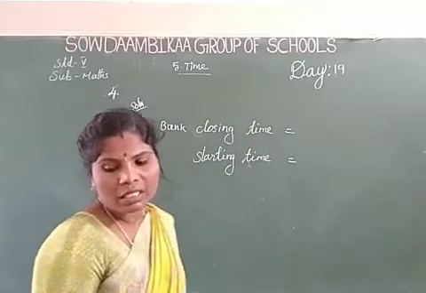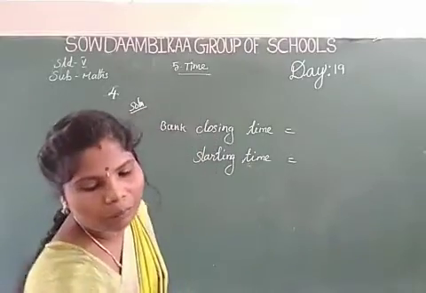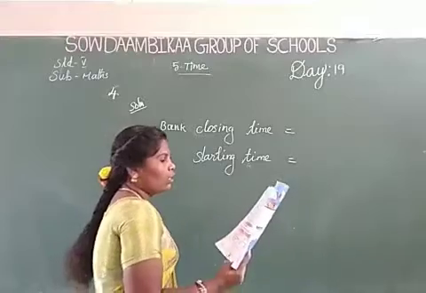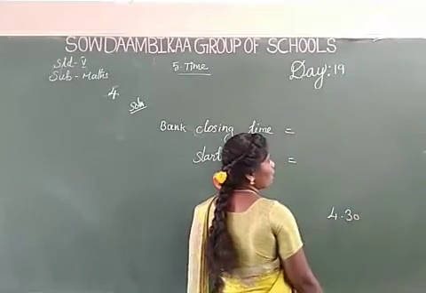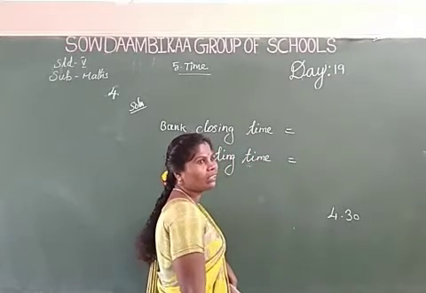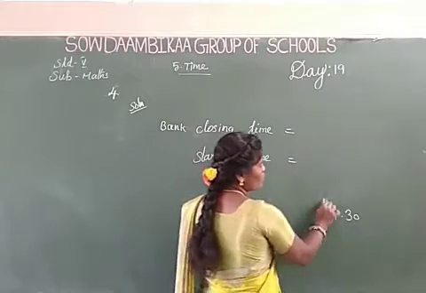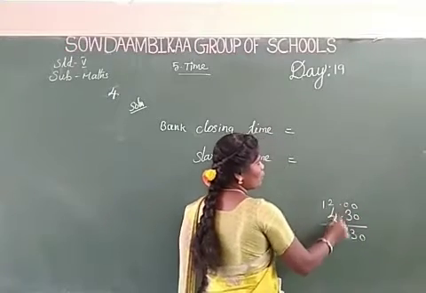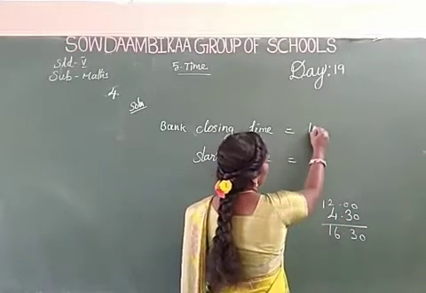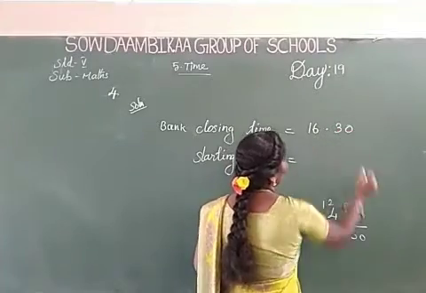Closing time is 4:30 p.m. This is standard time, so you convert to railway time, plus 12. 12 plus 4 is 16. So the closing time is 16 hours 30 minutes.